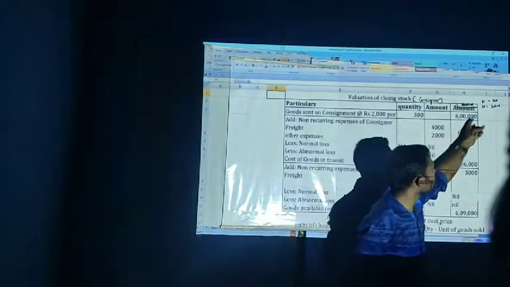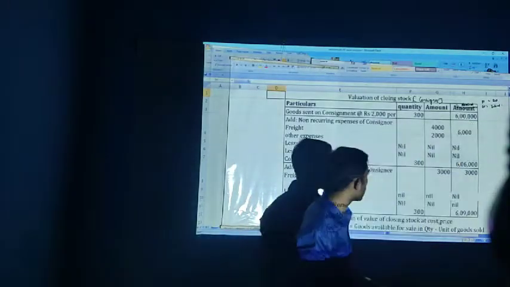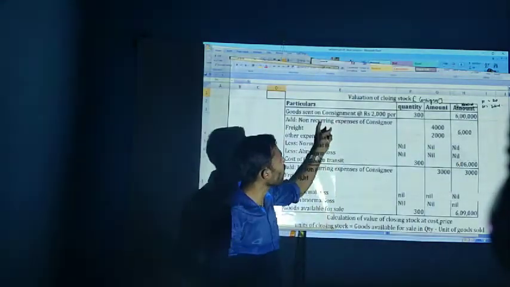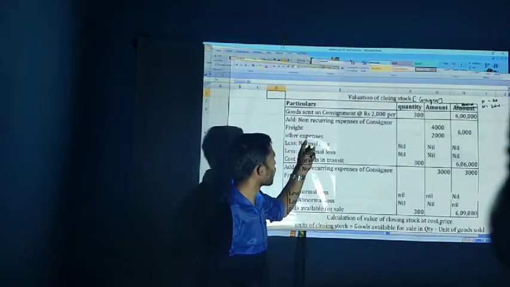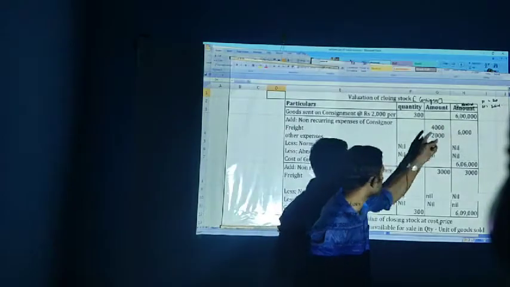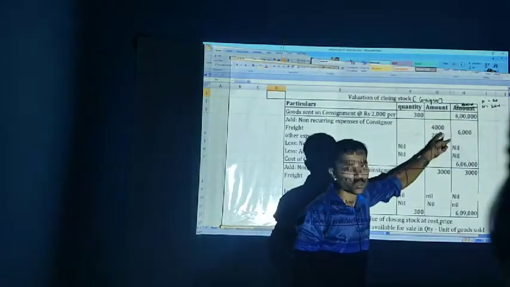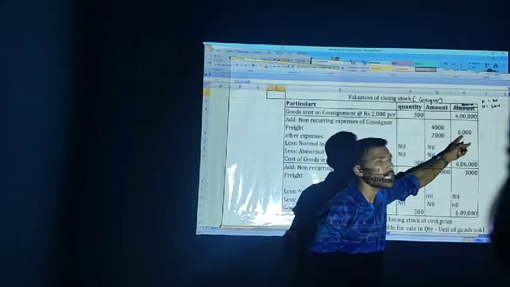The total amount is 6,00,000. Next, add the non-recurring expenses of the consignor, in the form of freight and other expenses. Freight is 4,000 and other expenses are 2,000. Then the total is 6,000.